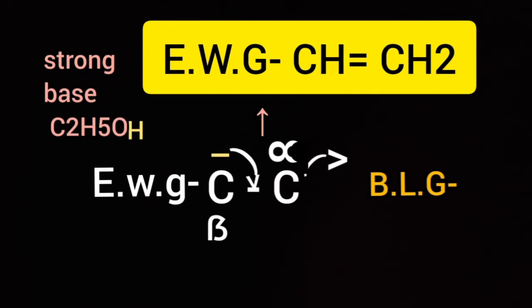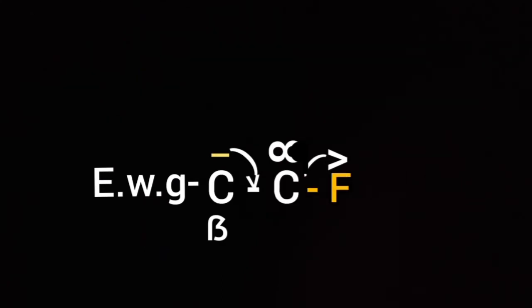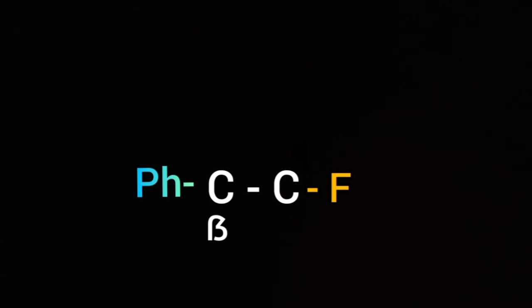Let us take an example. The alpha carbon is connected to a poor leaving group, let it be F, and the beta position is connected to a phenyl group, and the rest of the bonds are filled with hydrogen atoms. So there is a beta carbon and beta hydrogen atoms.